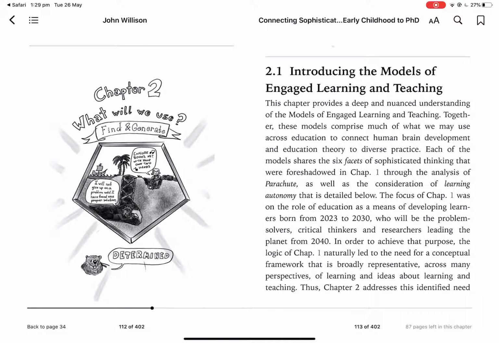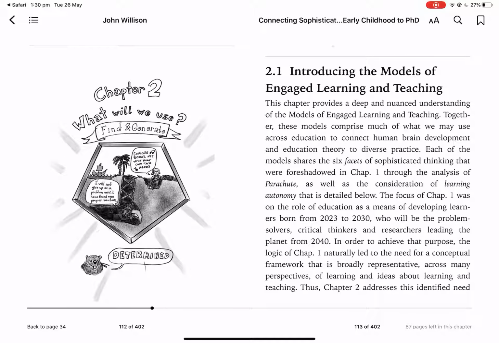The beaver says a prime characteristic, you need to be determined. And so this particular chapter more formally introduces the models of engaged learning teaching itself, or themselves, because there's many models, like one overarching framework, but a million models to fit a million contexts.